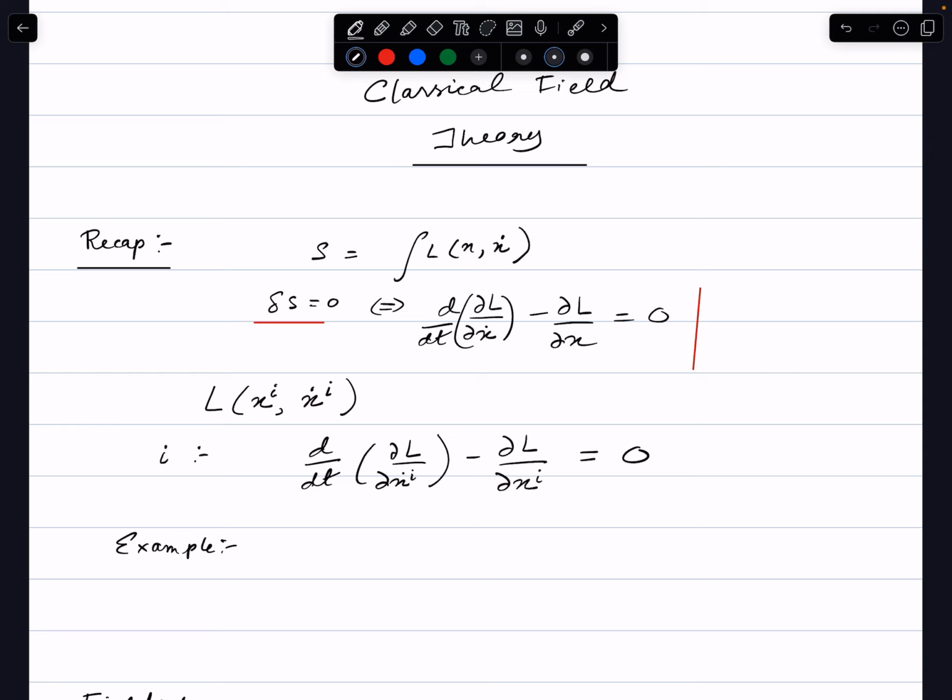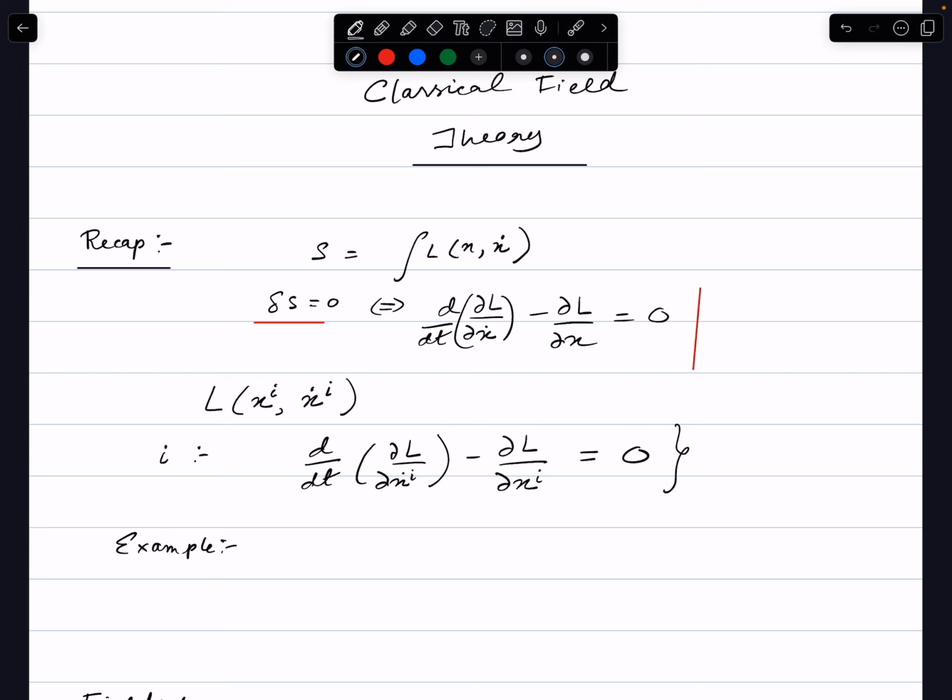And you get one. But suppose you have many degrees of freedom, then I can write an index i, where i takes values 1, 2, 3. And then for each i, meaning for each of the particles or each of the degrees of freedom, I will get one equation of motion.